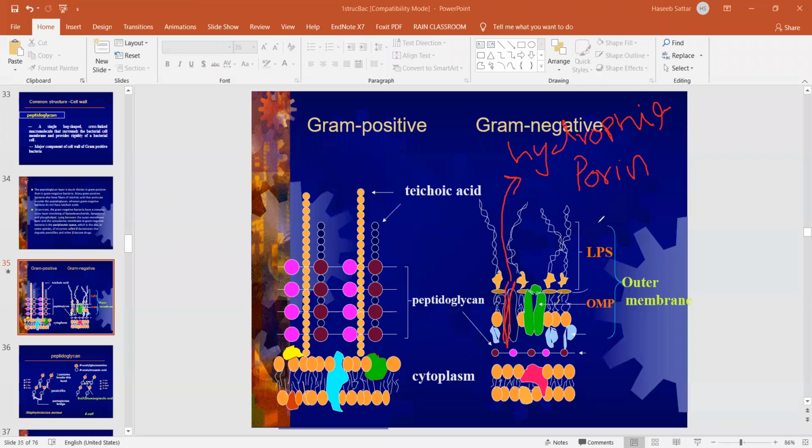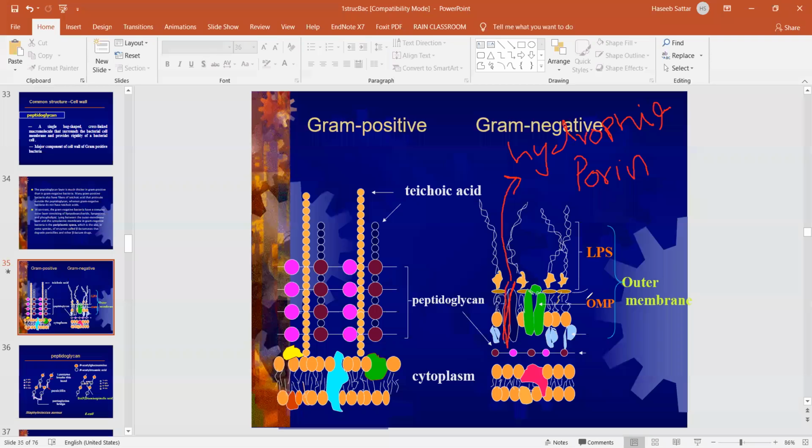Water soluble hydrophilic compounds, like some sugars, some vitamins, amino acids, some metal ions, or other water soluble compounds. We know that the lipopolysaccharides are lipid in nature, so they are hydrophobic in nature.